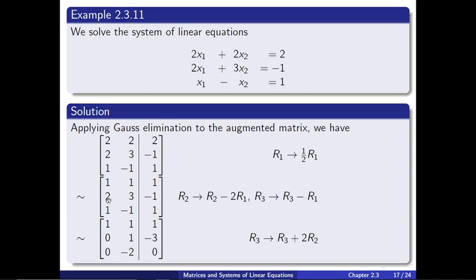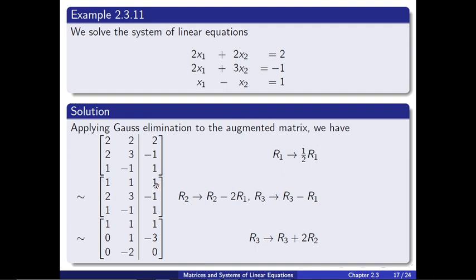Now we want to make whatever is below this 1, the entry in the diagonal, to be zeros. So we want this to be a 0, and we want that one to be a 0. How do we do that? We can say 2 minus 2 times 1, so in other words R2 minus 2 times R1. 2 minus 2, we get 0. 3 minus 2, we get 1.